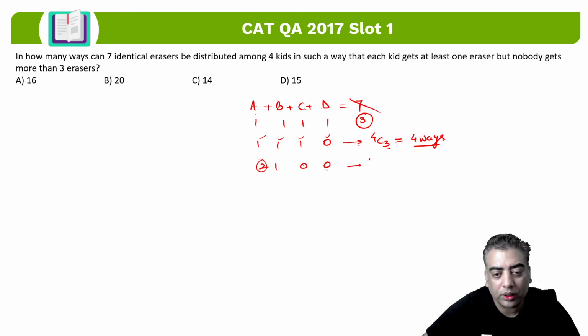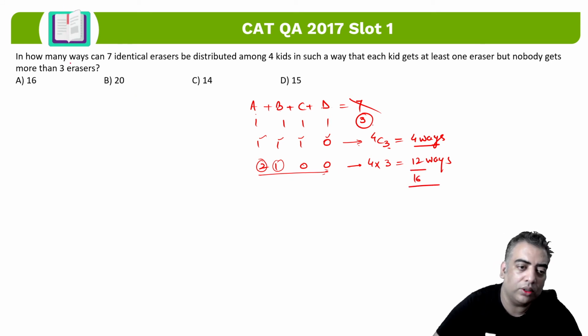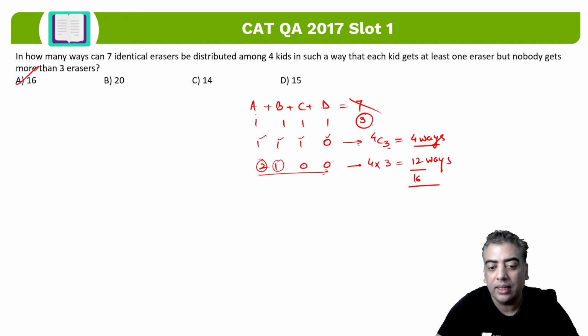So there are 4 possibilities for 2 and this 1 will go to any of the leftover 3 students, right? So there are going to be a total of 4 into 3, 12 ways of distributing 3 erasers when it is done in this particular pattern. So just add these two values, total number of ways comes out to be 16.